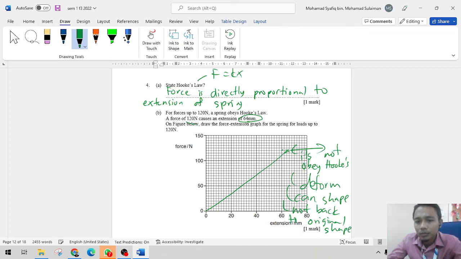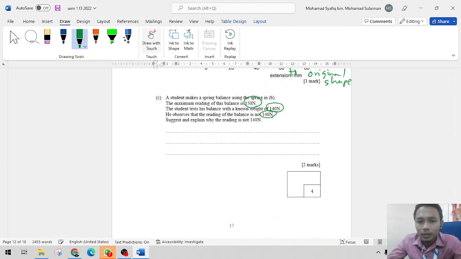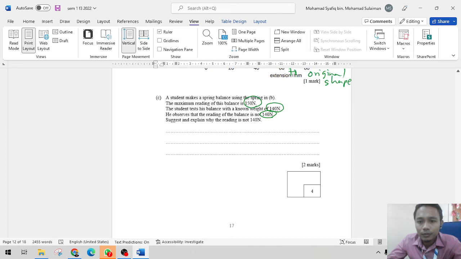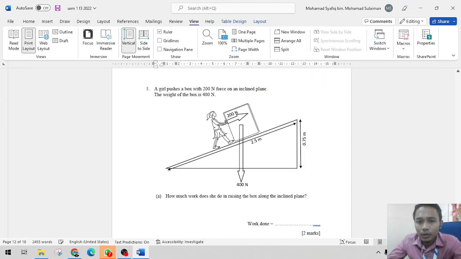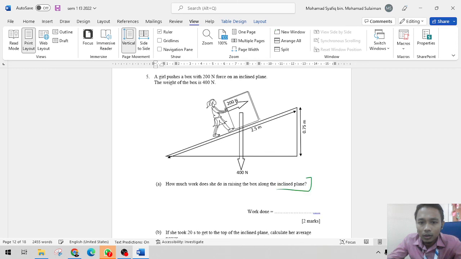Alright, number 5. So we have a girl pushing a box, work. So we can use W equal to Fs, force is 200 Newton times distance 2.5 meter. Or we can also use W equal to Fs, 400 Newton times 0.75 meter.